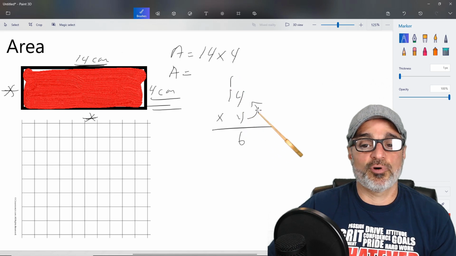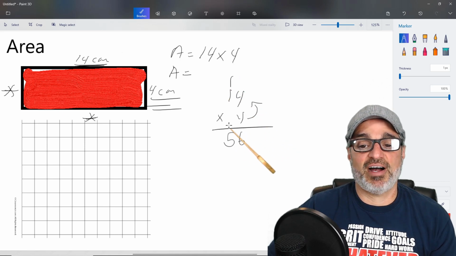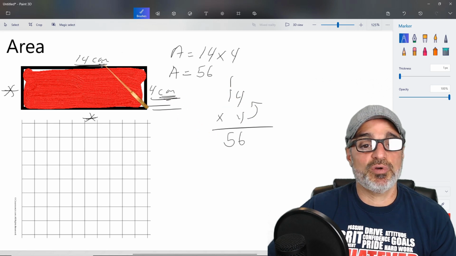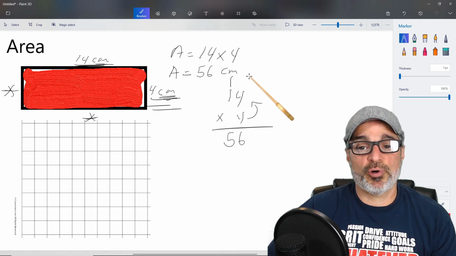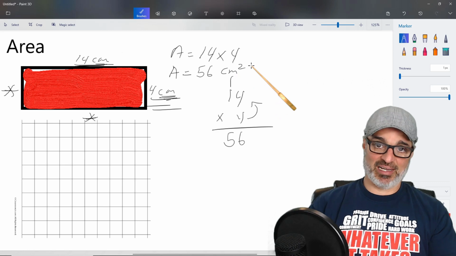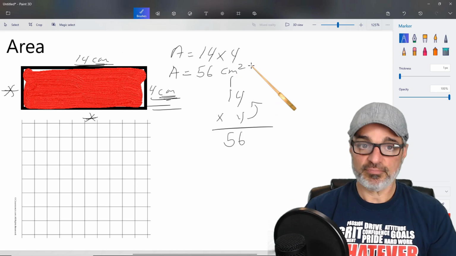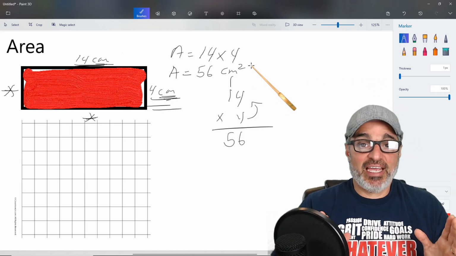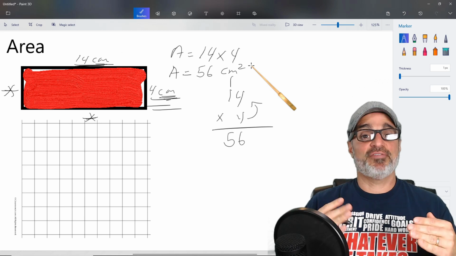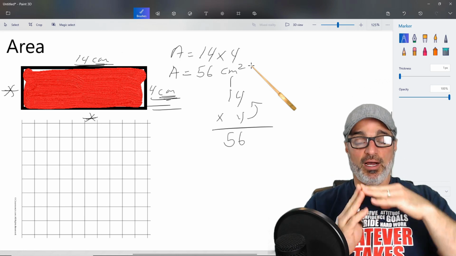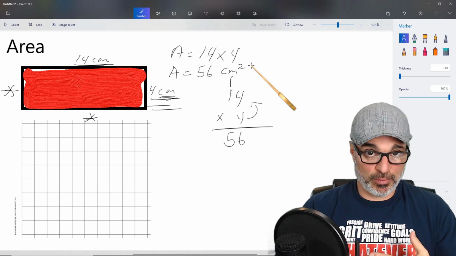Carry the 1. 4 times 1 is 4, and 1, 5. So the area is 56, and because we were dealing with centimeters, we report it as squared centimeters. Okay? So that's it. For finding area, you just need to have the values of two sides, and then you have to multiply them.